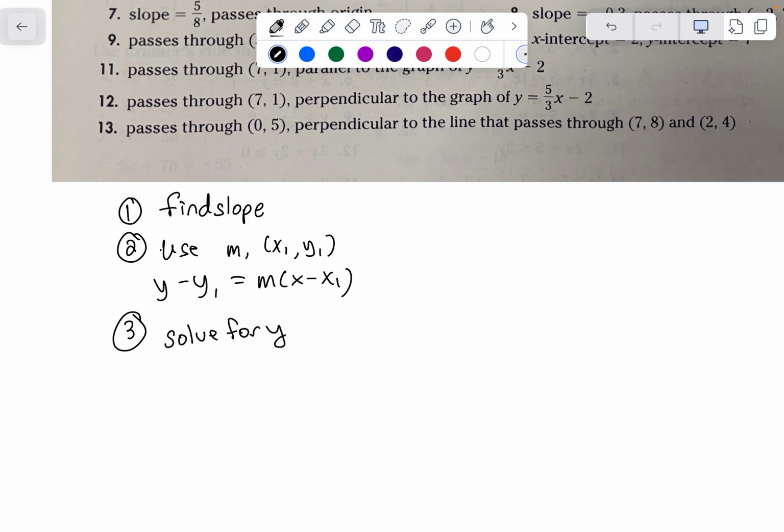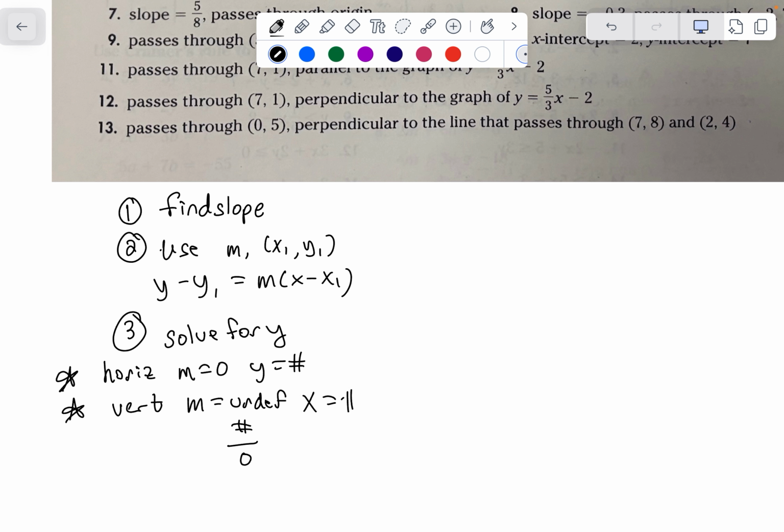Now, the only time that doesn't work is if it's horizontal: the slope is 0, and it's y equals a number. And vertical, the slope is undefined. You'll get a number over 0, and it's x equals a number. So that's really the only time this 3-step process doesn't help you much.